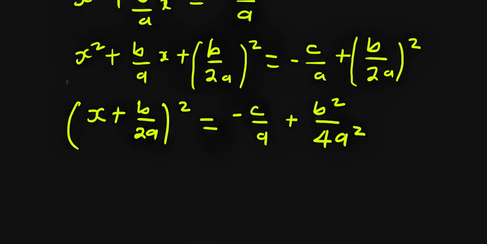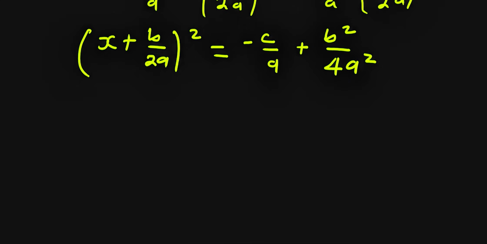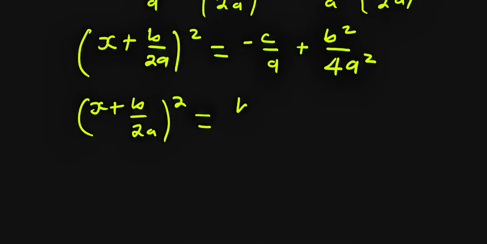So now the next thing would be to simplify further what we have on the right hand side. So we're going to have x plus b over 2a as our perfect square on the left hand side, and on this side we're going to have b squared over 4a squared minus c over a.